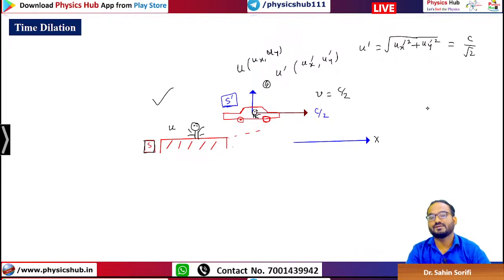In normal classical physics, if something is moving along the y direction, what will be its speed along the x direction? Obviously it is 0, right? That is what this man sees, the ball moving along the y direction. It means ux will definitely be 0, and uy he sees but does not know the value.